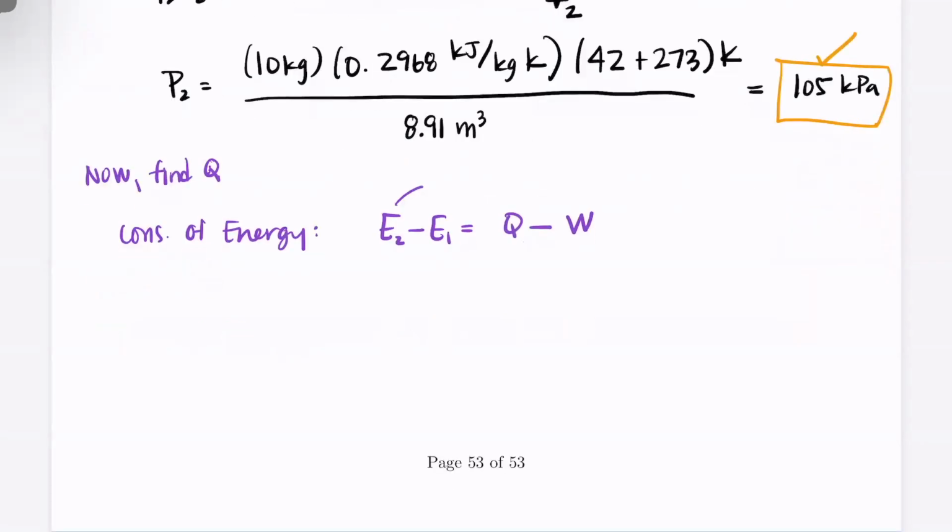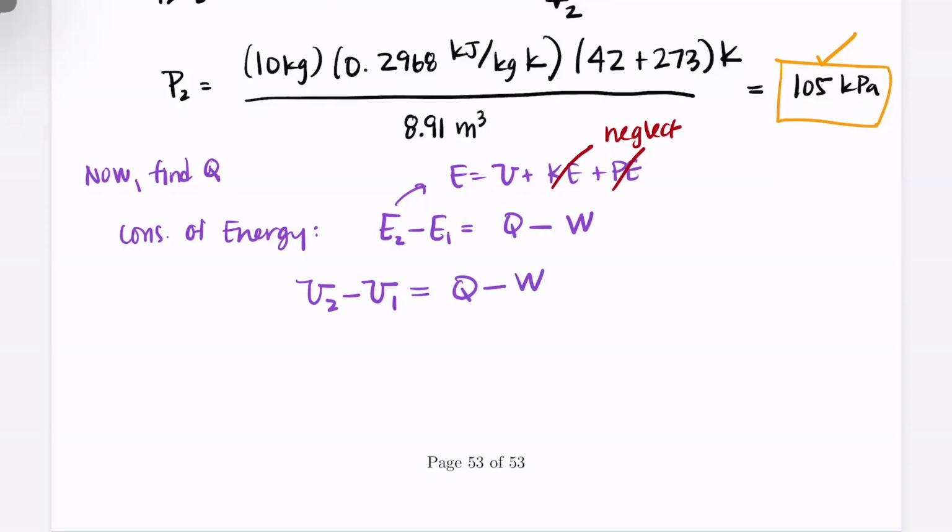Our total energy is internal energy plus kinetic energy plus potential energy. Can we all agree to neglect kinetic and potential energy again? Yes. Okay, so we're going to neglect these, which means that our equation is U2 minus U1 is equal to Q minus W.